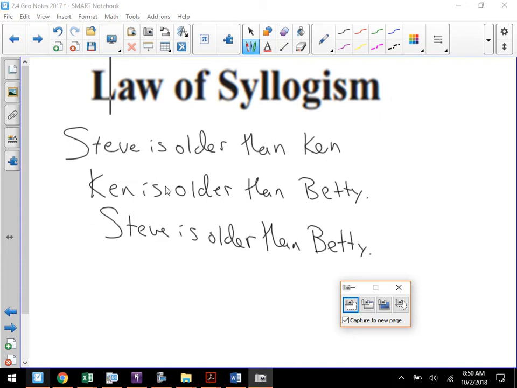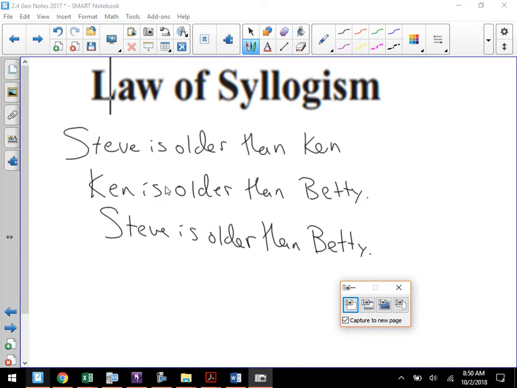Steve's older than Ken. Ken's older than Betty. Steve's older than Betty. You see what I'm saying? See how this goes? See how quick? I'm just making a quick example. Steve's older than Ken. Ken's older than Betty. Therefore, Steve has to be older than Betty.